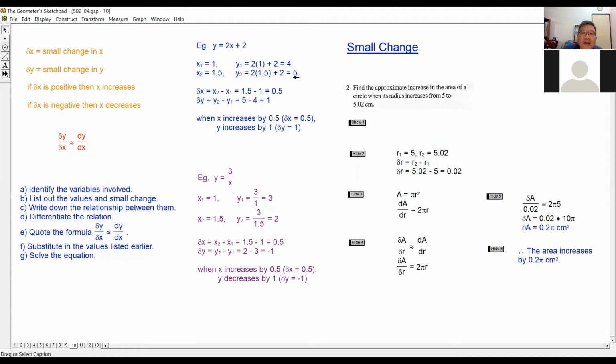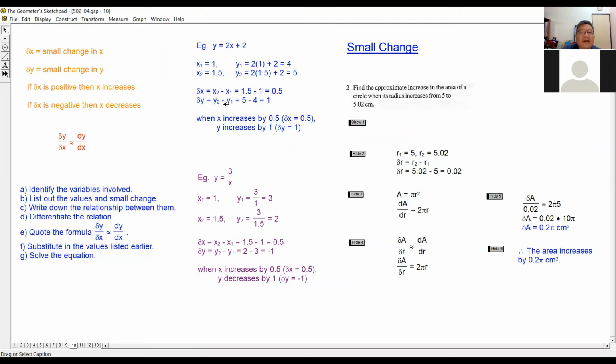Then I look at the two values of y. Then I ask, what is the corresponding small change in y? So the change in value of y is from 4 to 5. So I use 5 minus 4, which is equal to 1.